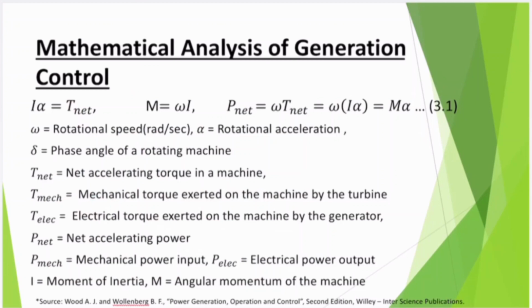Similarly, P mechanical is the mechanical power output, and P electrical is the electrical power output. I is the very well known moment of inertia, and M is the angular momentum of the machine. So these are the standard basic background, based on which we will try to develop some of the important equations in due course of time.